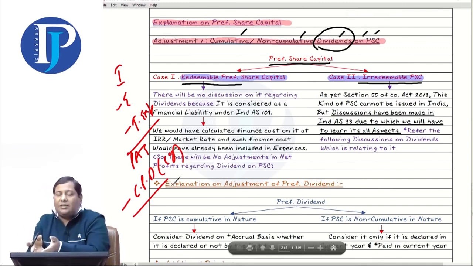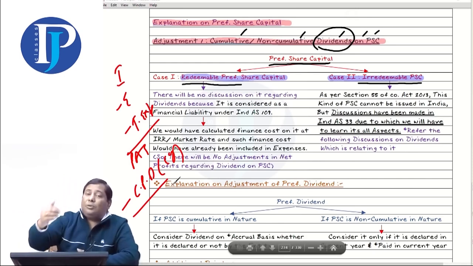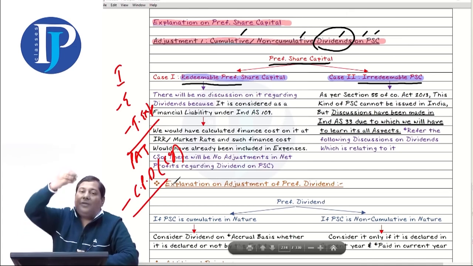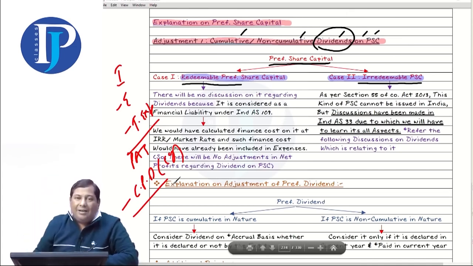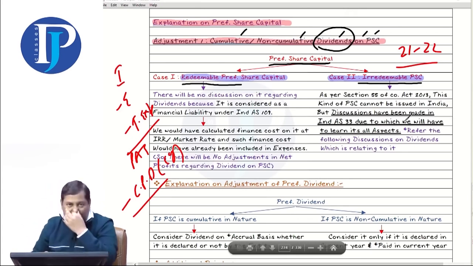Last year's dividend was 0, now it's for 3 years. How to compare EPS? Comparison is based on consistent policies. Then you will take cumulative preference dividend on an annual basis. Clear? You will take it on accrual basis without seeing profit level. And if I am making financial statements for 21-22, I won't see the profit level for 21-22. I will subtract preference dividend for the current year.